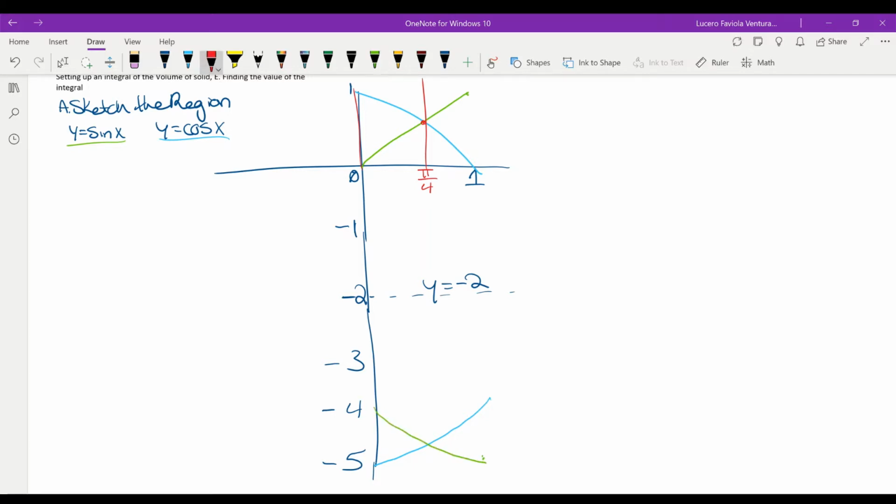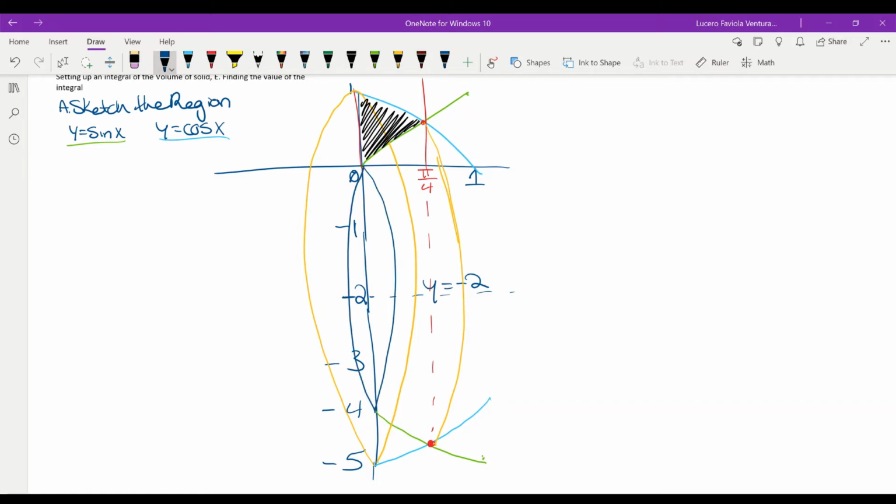And it'll all be rotated around y equals -2. So then our graph should look something like this. And we're trying to find this volume rotated.